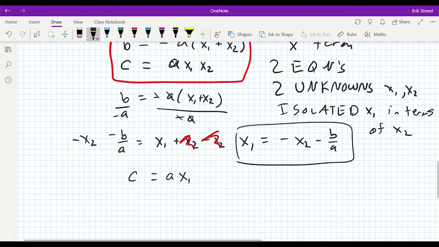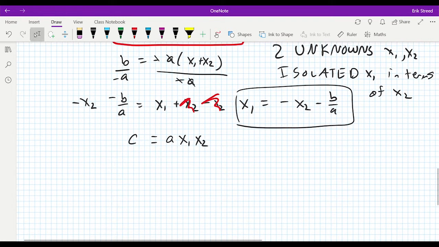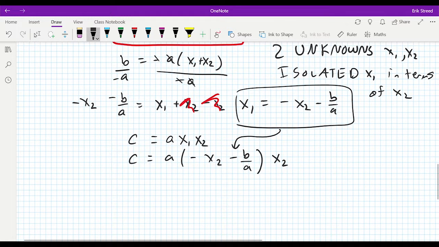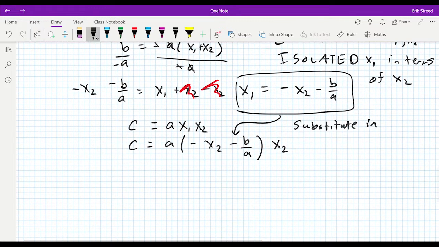So we had c equals a x1 x2. We'll just substitute in here, parentheses, because parentheses are always our friends. B over, wrote a 2 there. That was no good. Let's try that again. B over A. And then we've got x2. So we're substituting in. And let's work this.